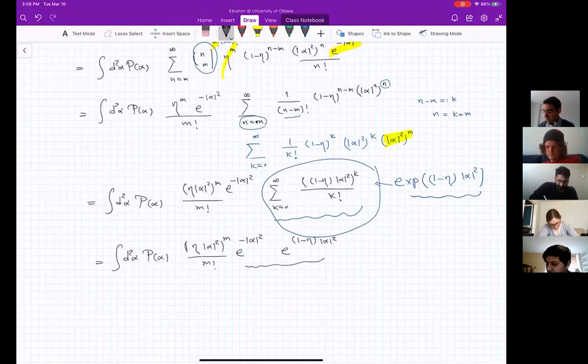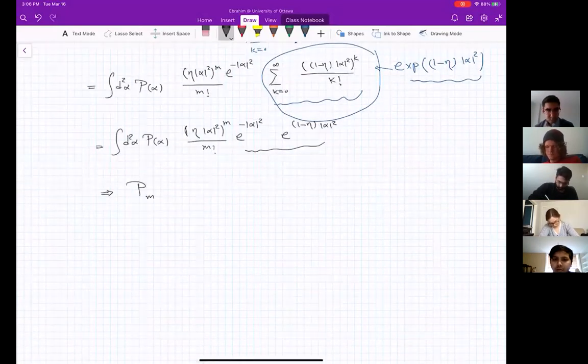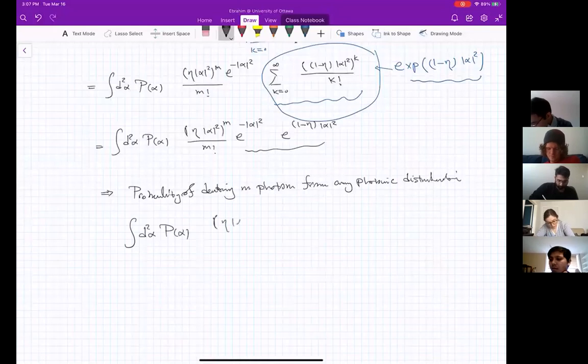These two will be simplified, and finally, what I get as an equation for P(m), remember, this is the probability, let's write it as such so as not to get confused, the probability of detecting m photons from any photonic distribution, is given by this quantity: the integral d2 alpha P(alpha), (eta |alpha|^2) to the power of m, divided by m factorial, e to the power of minus eta |alpha|^2.